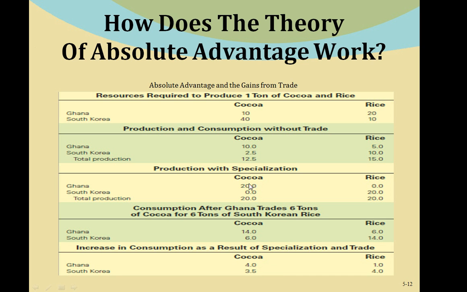The increase in cocoa production is 7.5, while in rice it is 5 tons. So 7.5 plus 5 is a 12.5 ton increase for both products.